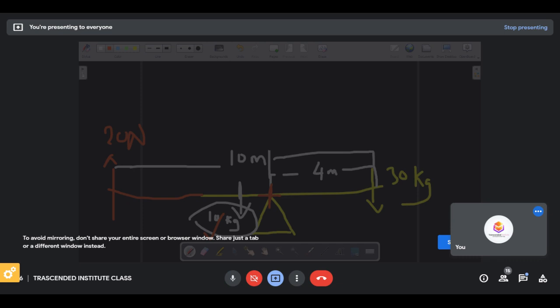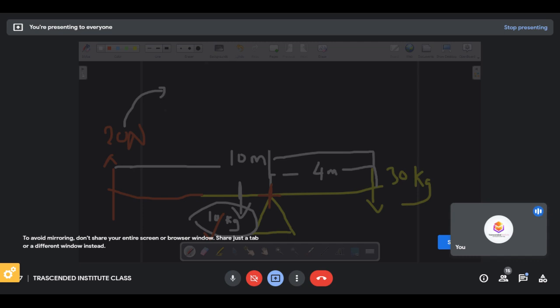Okay. Let's start with this one. Is it acting in an anti-clockwise or clockwise direction? I think clockwise, because it's going this way. So it's clockwise.